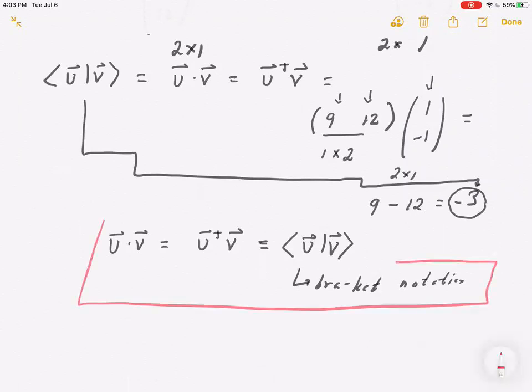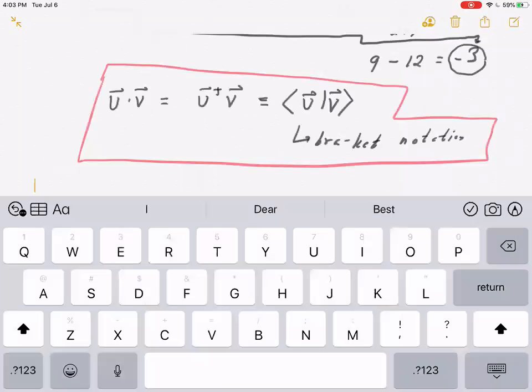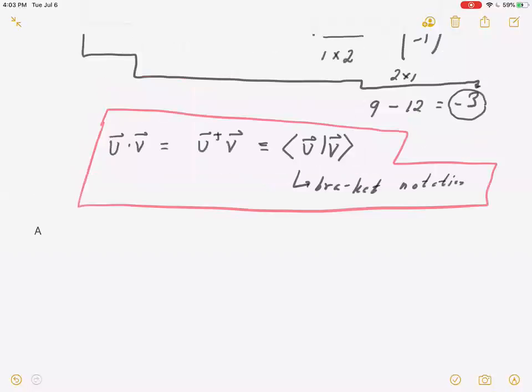Neither are topics we're going to spend any time talking about here, but should you see this in future courses, at least you know where this comes from. Okay, so what are some important properties?